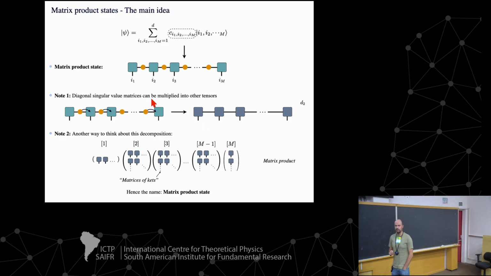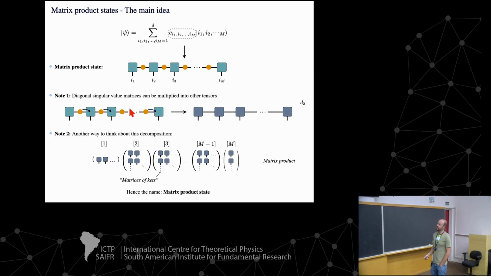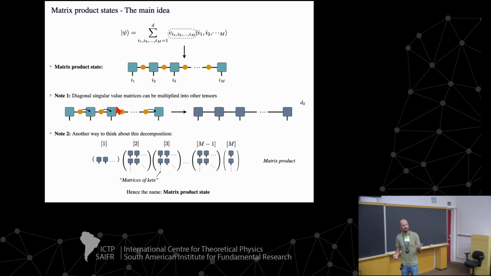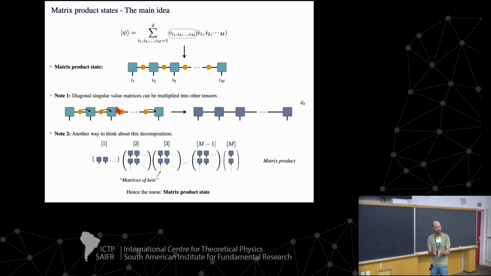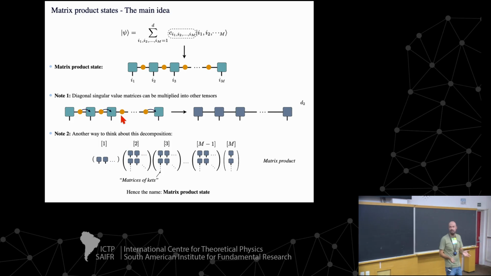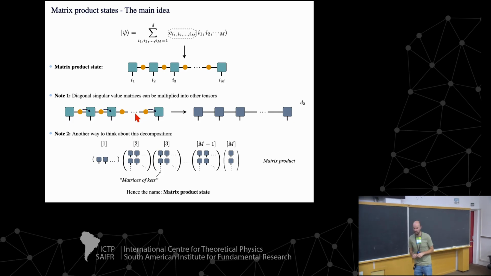Then the algorithms conceptually change a little bit, because one nice aspect about this form is that you can always think of these lambdas as the singular values for the reduced density matrix if you make the splitting at this point. And they are defined with these orthogonal matrices. So if you keep this lambda explicit, you know what the expansion coefficients in the spaces to the left and the right are. So you always have a good basis for your reduced density matrix. If one starts multiplying these lambdas into these tensors, then this orthogonality sometimes goes away, and one has to be a bit careful. Okay, that's just one comment.